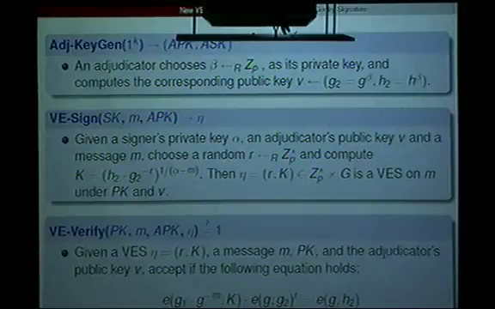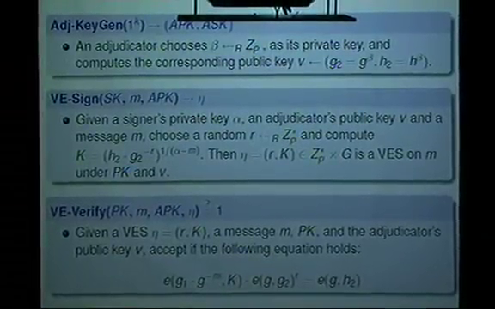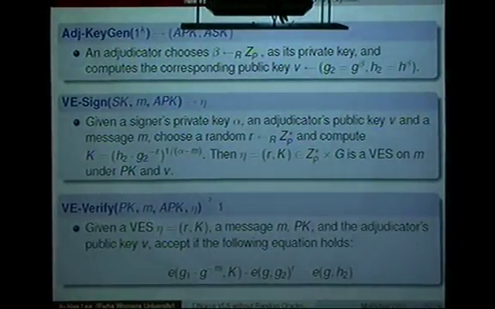This is the newly defined algorithm, the ADJ key generation algorithm. This is the algorithm for generating the key pair for T. Given system parameters, it outputs the key pair for T, and in the V-sign algorithm, given this input, it outputs the VES signature. The verify algorithm checks the VES.